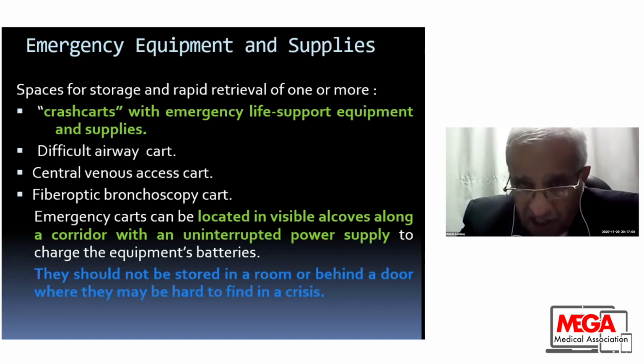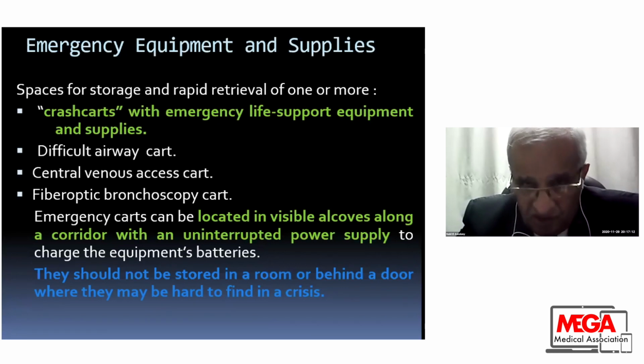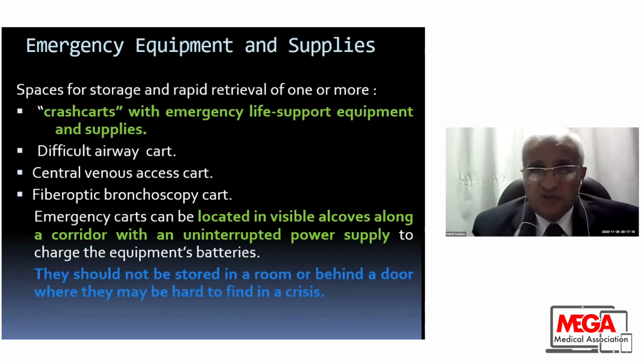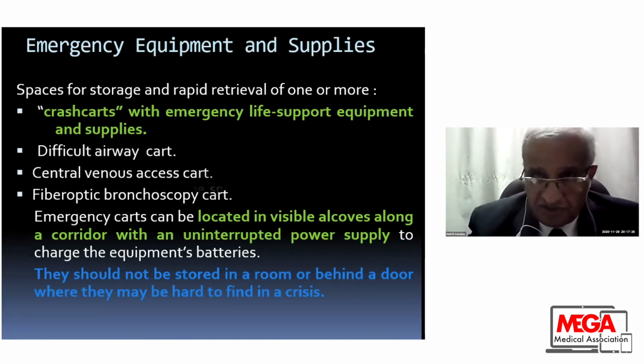The emergency carts should be located in visible alcoves along a corridor and not behind the doors of rooms, with an uninterrupted power supply so that when you'd like to use them, they would be charged. They shouldn't be stored in a room or behind a door where they may be hard to find in cases of crisis.